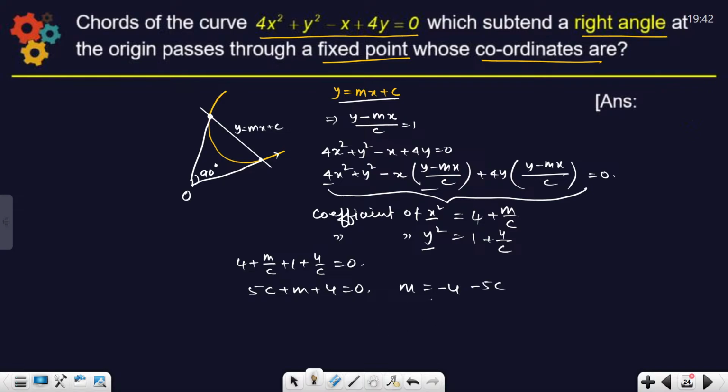Okay. Now let me replace this in the given straight line equation.